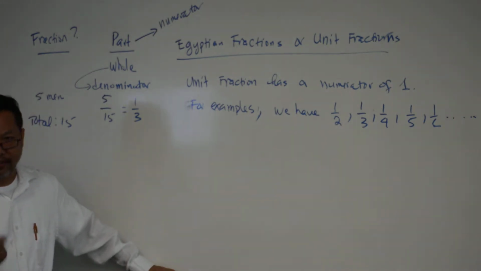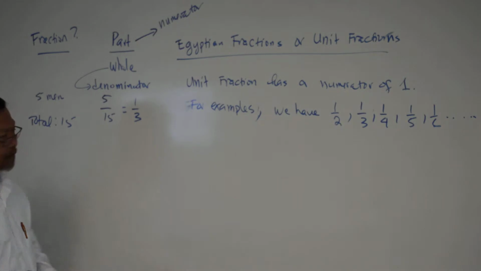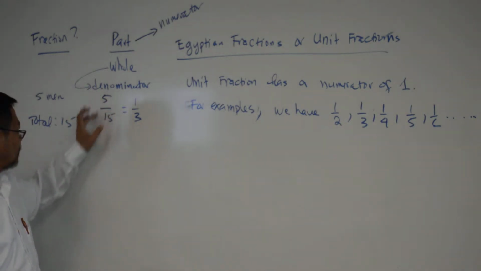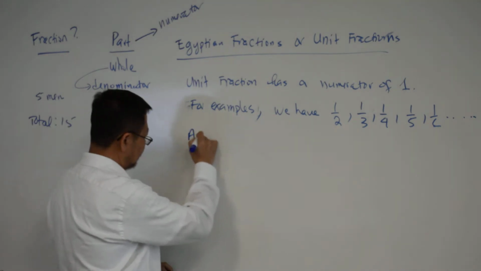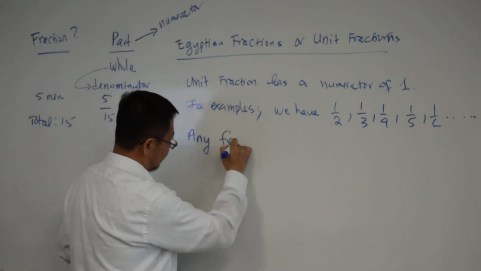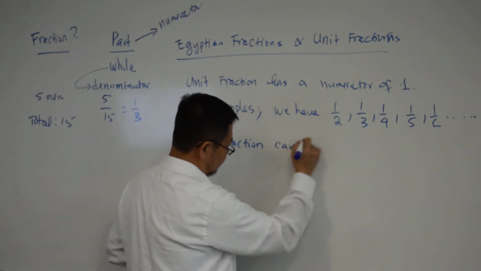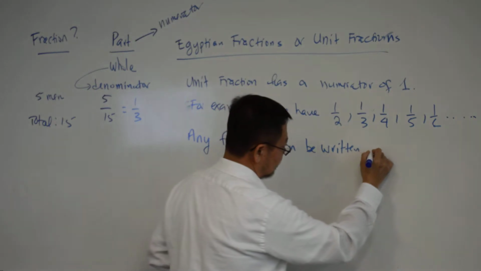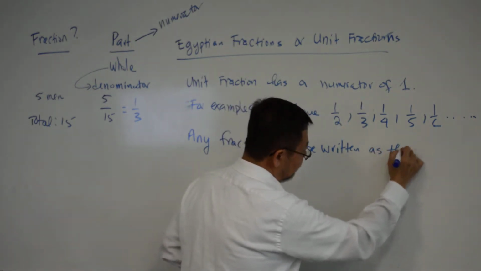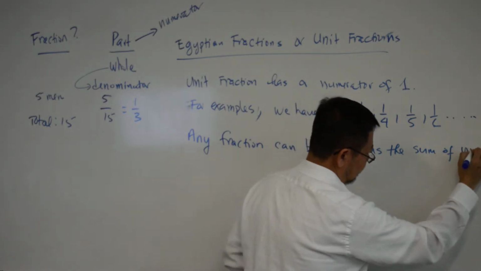And any fraction, like let's say in this case we reduce it, right? 5 over 15 is 1/3. Any fraction can be written as the sum of unit fractions.